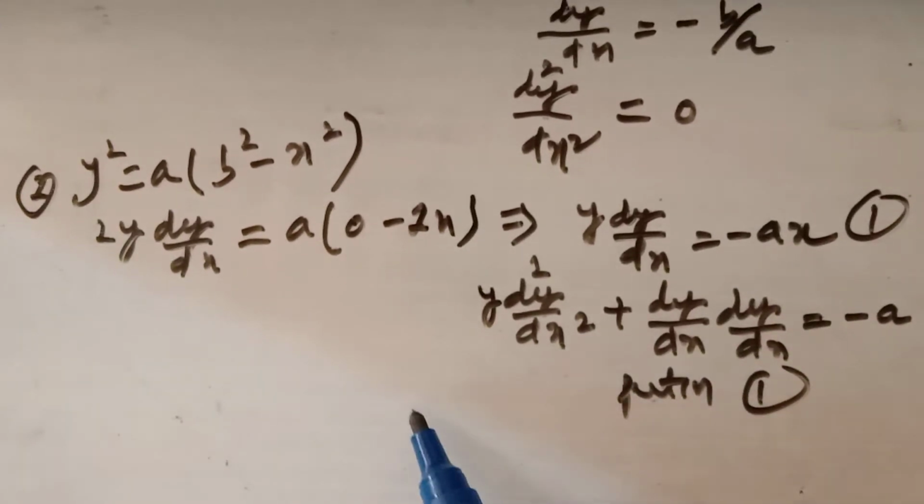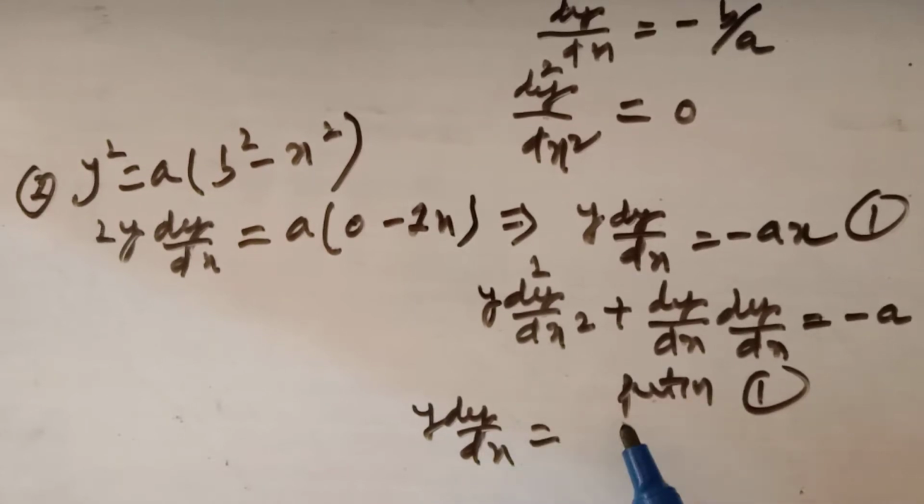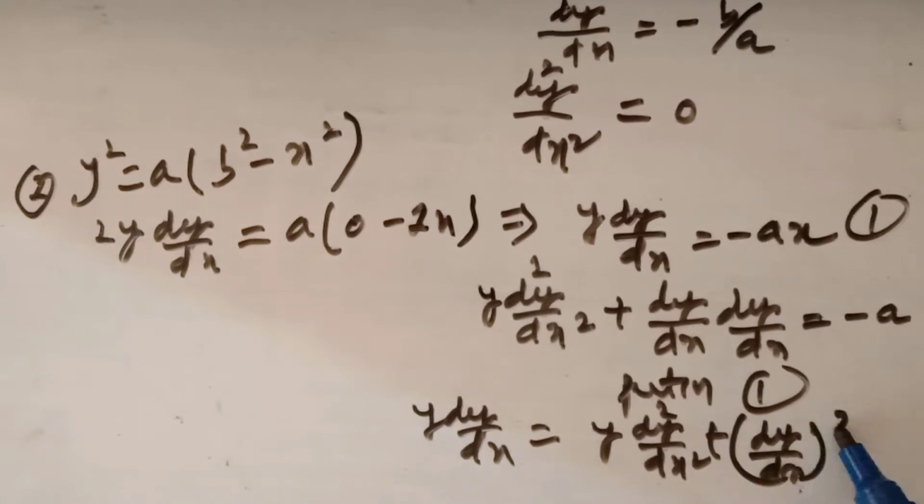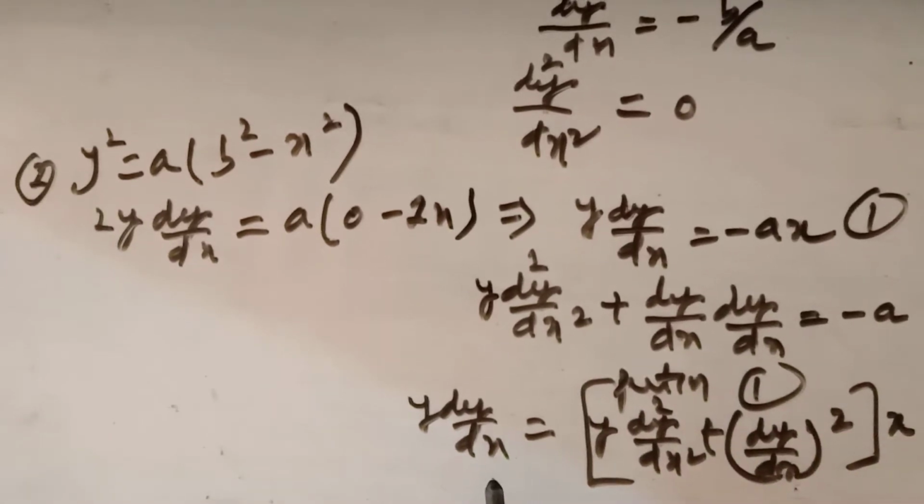So it will be y dy/dx is equal to y times the second derivative, plus the whole square of dy/dx, into x. So this is the differential equation of y square is equal to a into (b square minus x square). So this is question number 2.